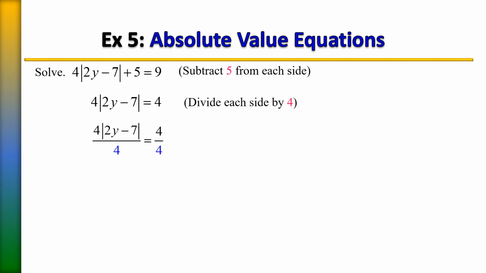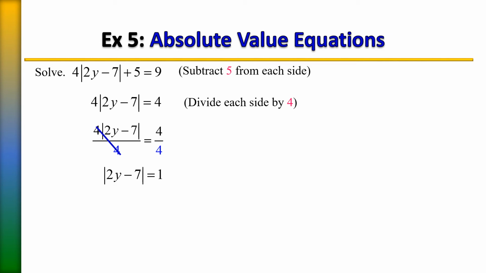Once I do my cancellations, I now have the absolute value symbol by itself on the left side, and on the right side, 4 divided by 4 equals 1. So again, we now have it in absolute value form where we can solve the equation.